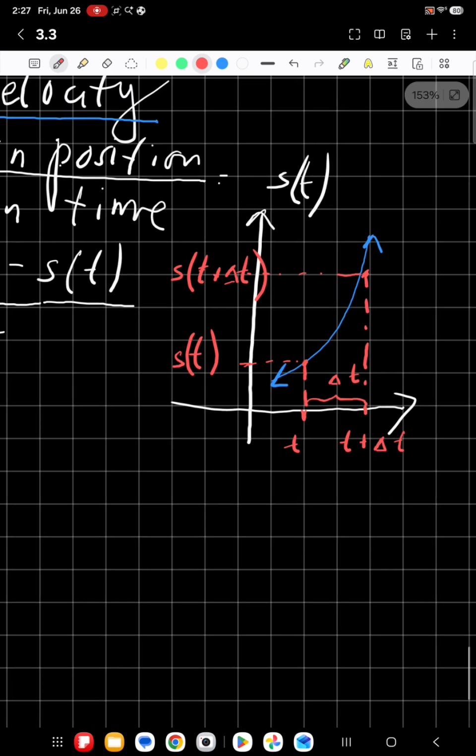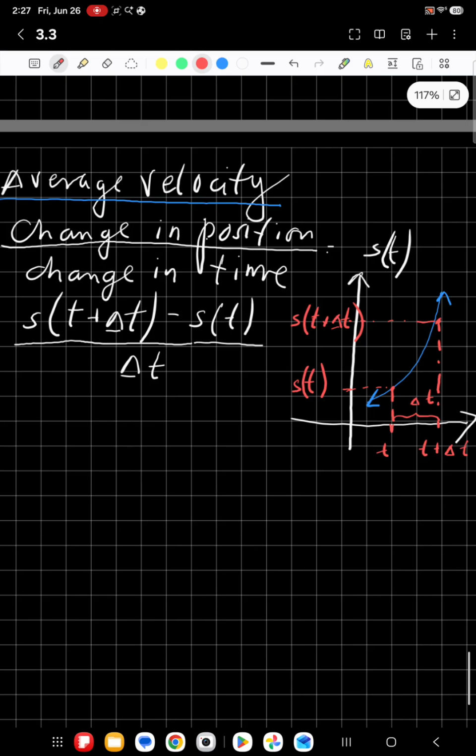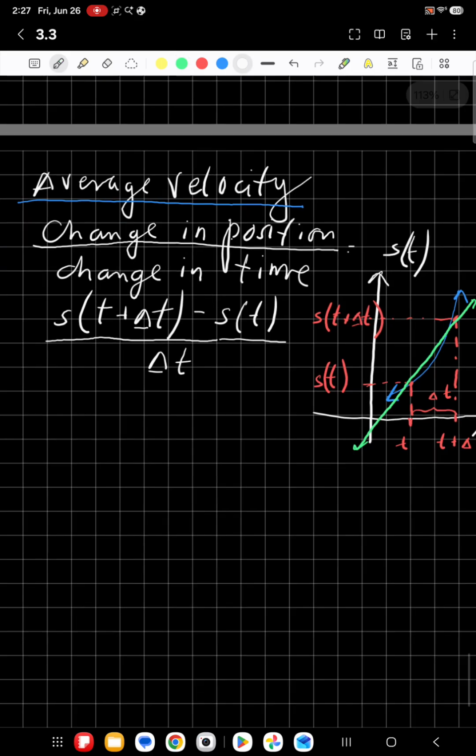If we're calculating the average velocity between those two points, I'm doing the slope of the secant line that intersects those two points. So that's average velocity, but of course in calculus we don't do average velocity.